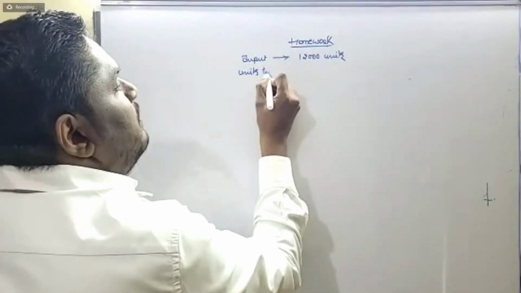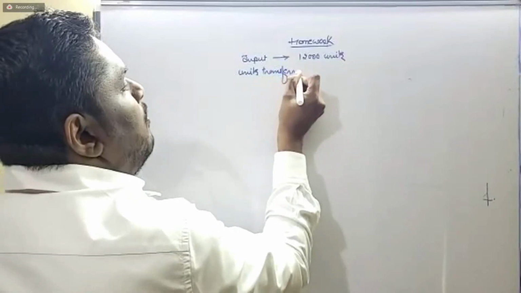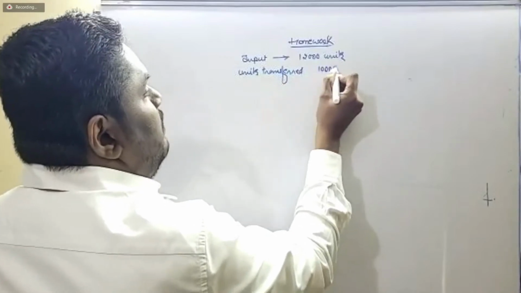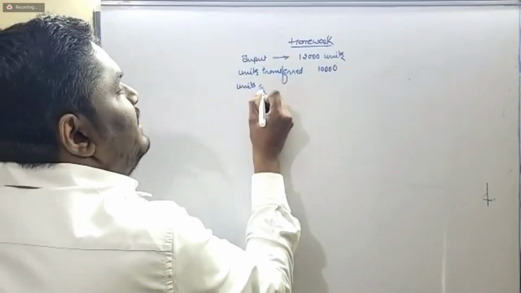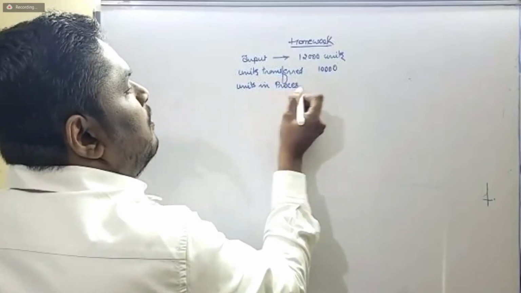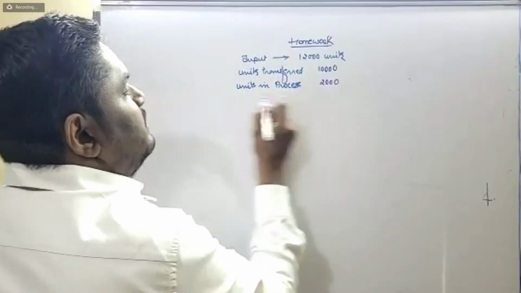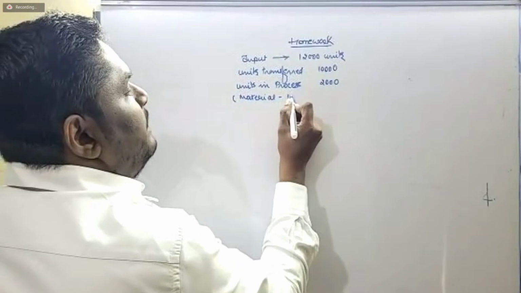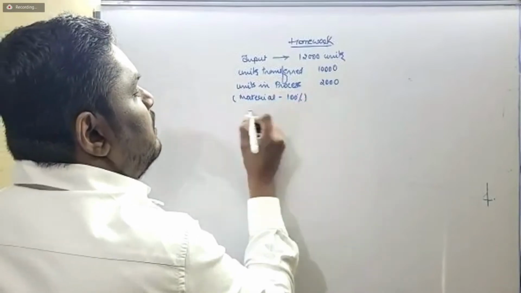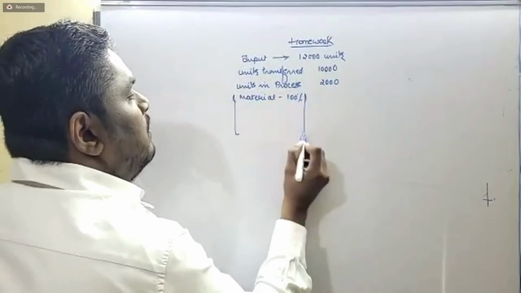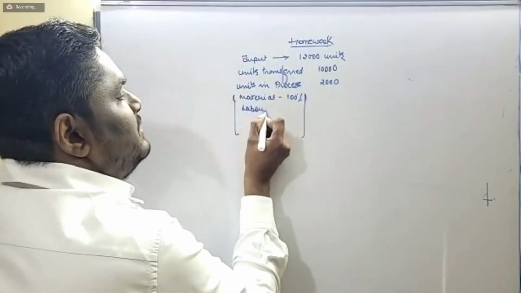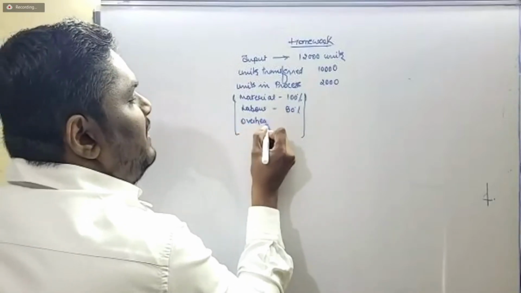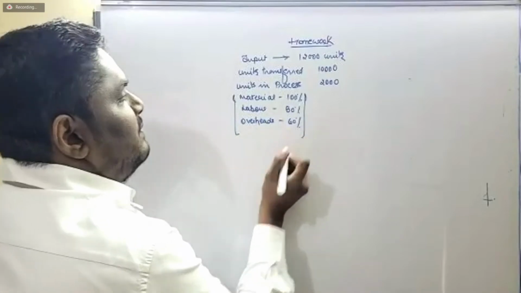Units transferred, 10,000. Units in process, 2,000 units. As far as material is concerned, they are completed up to 100%. As far as labor is concerned, they are completed up to 80%. And overheads, they are completed up to 60%.